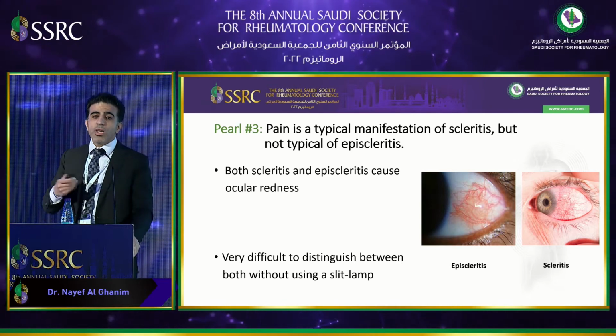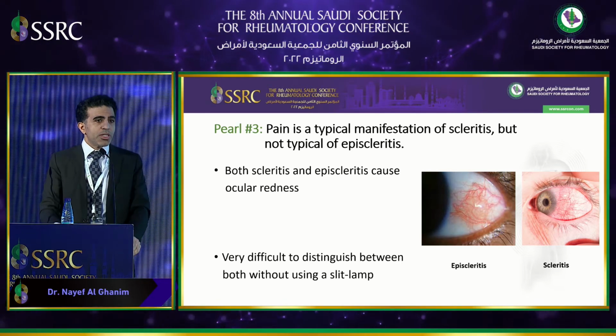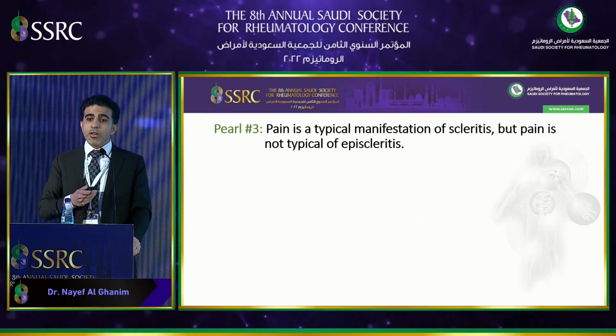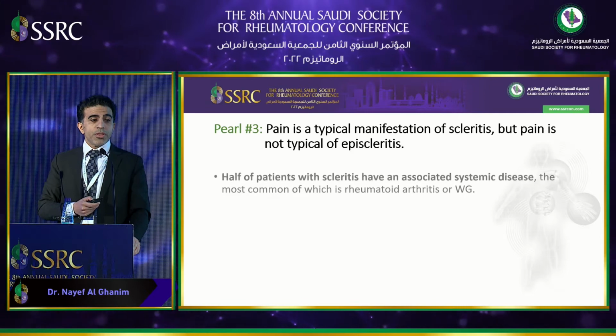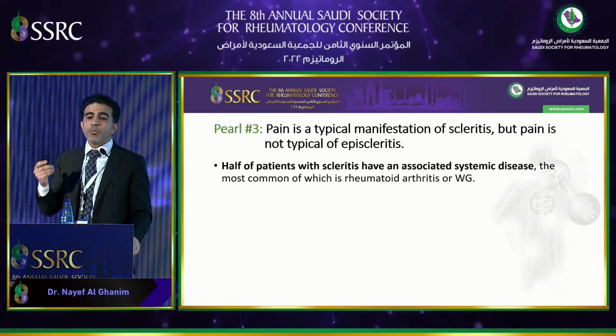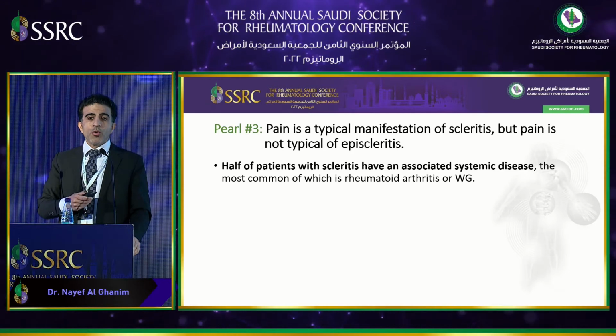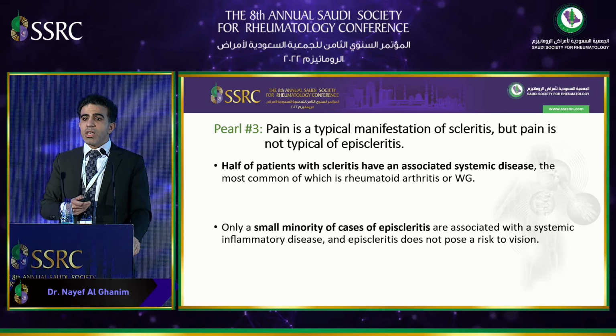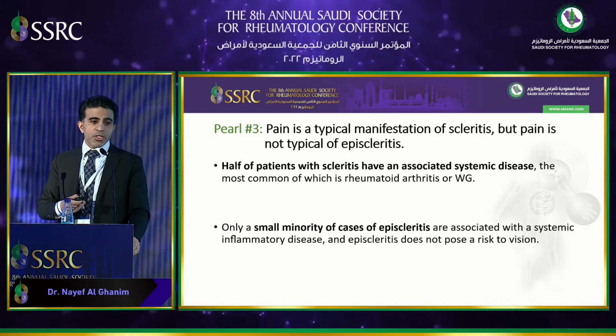The question is, why is it important to know whether this is episcleritis or scleritis? If an ophthalmologist refers you a patient with scleritis, then there is a 50% chance that this patient has rheumatological disease. While episcleritis is common, there is only a small number of patients that have rheumatological disease and episcleritis.